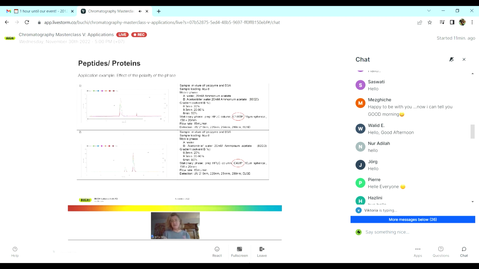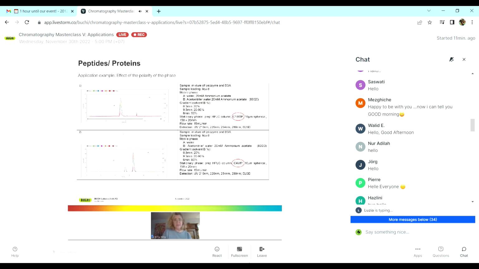So the only difference here is really the polarity of the phase. Otherwise everything was the same. What we see is that on top we don't get these two peptides, proteins, separated, but on the bottom you get a nice separation. So in this case, on the top, these two compounds interacted the same way with the phase, and on the bottom with the C4, they interacted in a different way, and this is how you could get them separated.